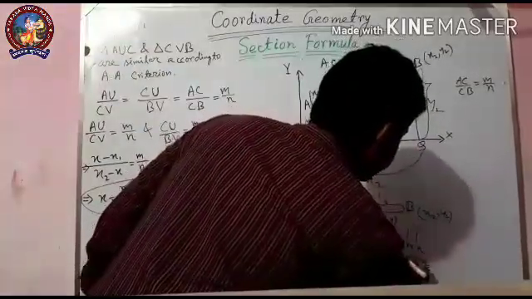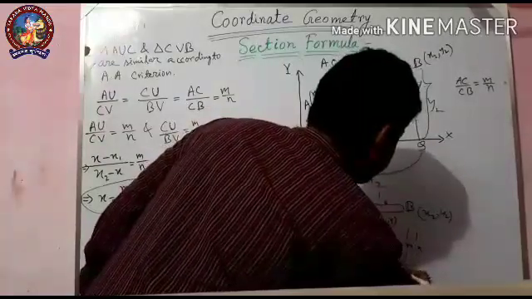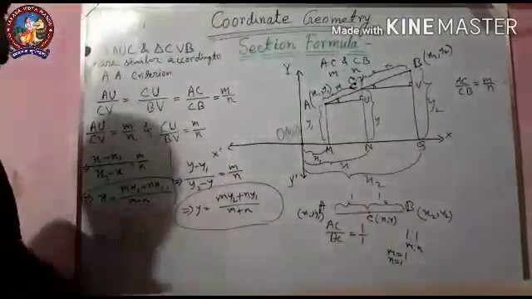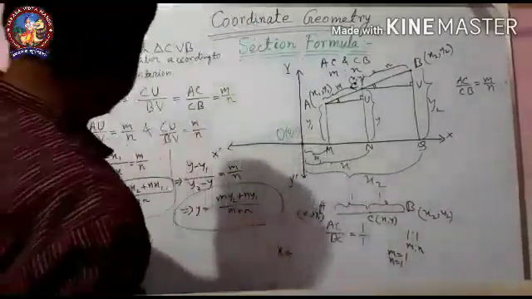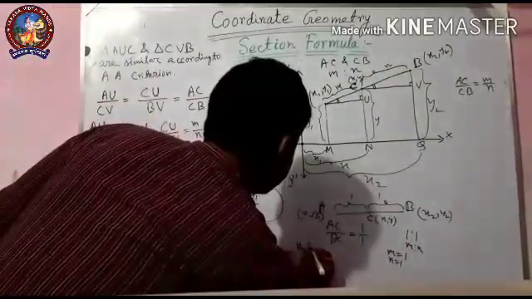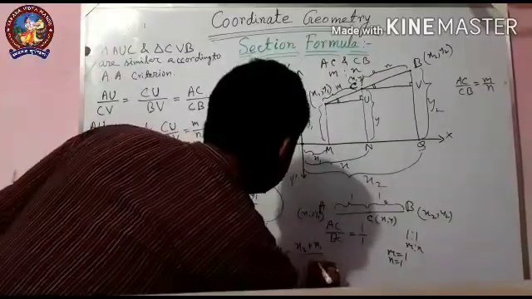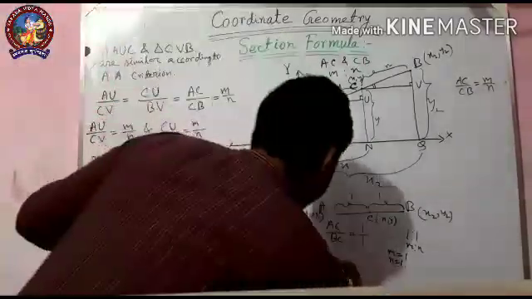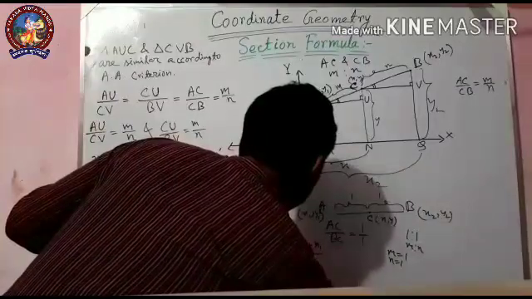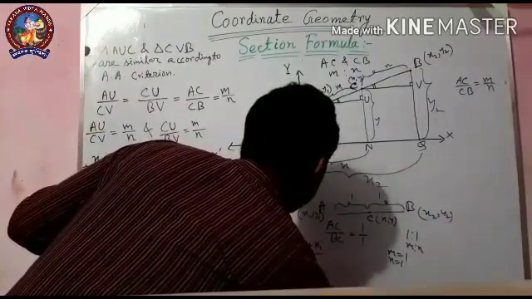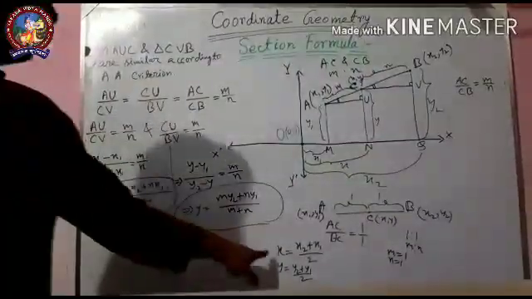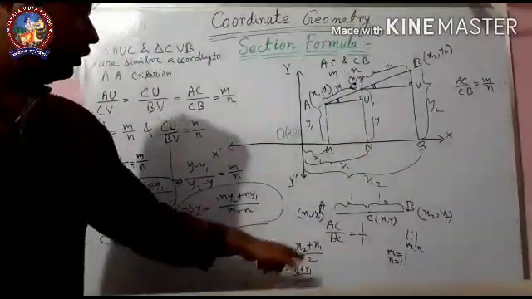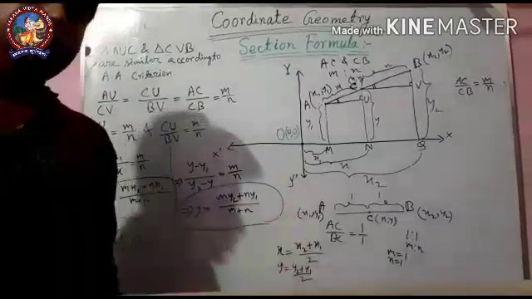So put m equals 1 and n equals 1 in these two formulas. Then we get x as (x2 plus x1) by 2 and y as (y2 plus y1) by 2. This is the coordinate of the middle point of a line segment.